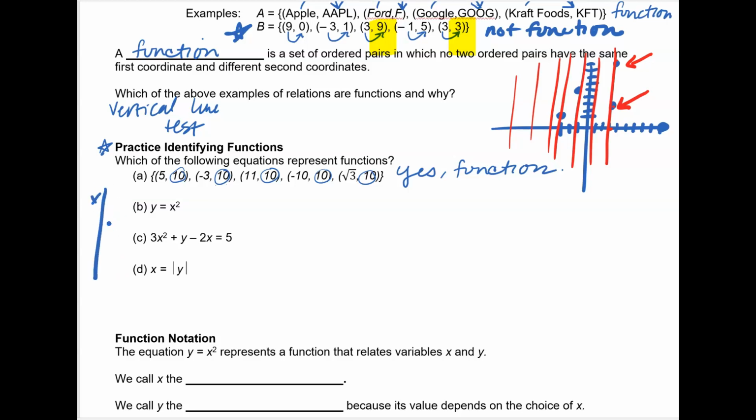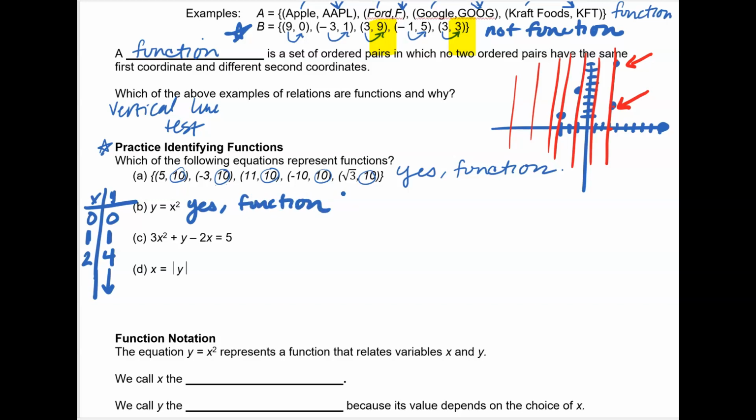So x, and y equals x squared. If I plug in 0, 0 squared is 0. If I plug in 1, 1 squared is 1. If I plug in 2, 2 squared is 4, and so on. So I'm never going to get more than one y value, and I should label that column y. So I'm going to say, yes, this is a function.